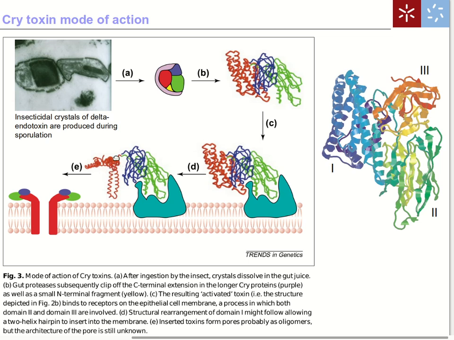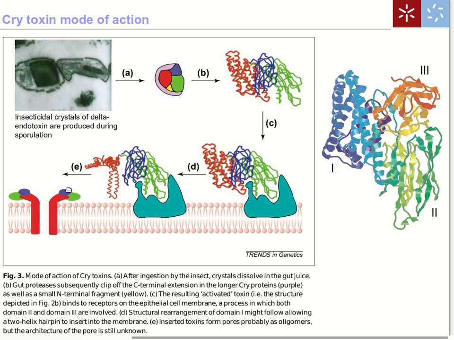And when that occurs, this structure can pair with other identical structures, and this red part, domain 3, forms a pore.